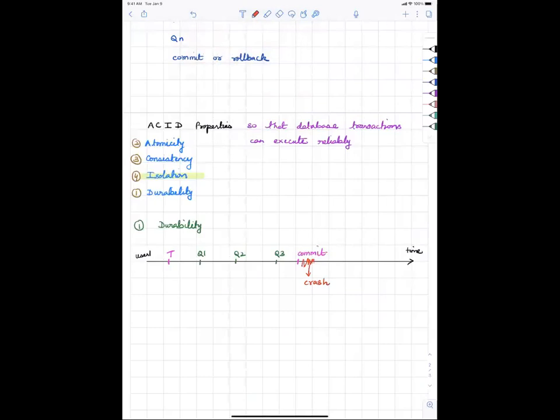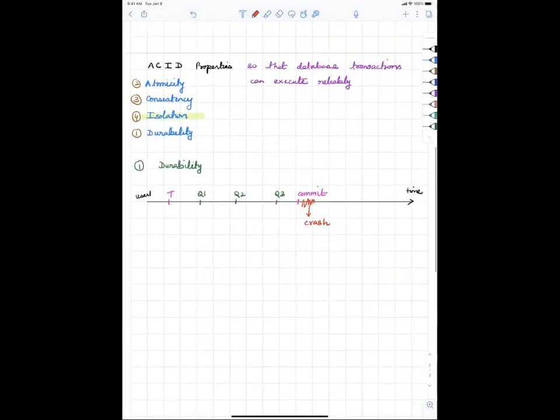If you're working with databases, you do not have to worry. It's guaranteed. If the commit has got executed, which means that you typed it, the cursor has come back, it doesn't matter whether your system crashes immediately or not, you are guaranteed that the operation has taken place.